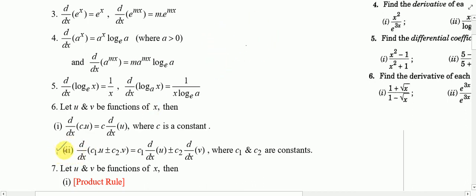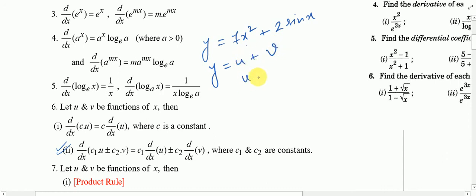And the second one is, let's say your function is like this, y equal to 7x square plus 2 sin x. So here you can see that this function y is the sum of two functions u and v, where u is 7x square, and v is 2 sin x.